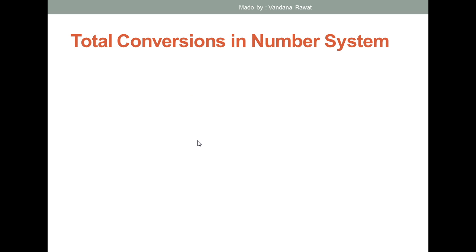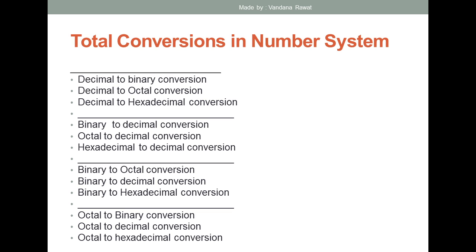Now one by one we will discuss how to convert these number systems into any other base. Today I'll take only one, and if you have a strong concept of it, then I'll take two or more types of conversions in the next lecture.